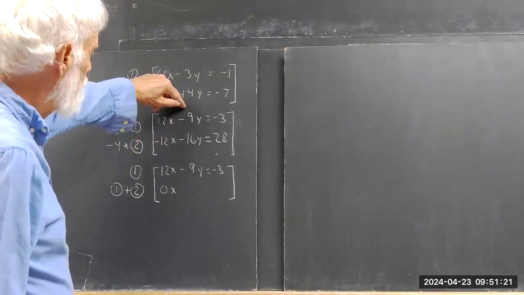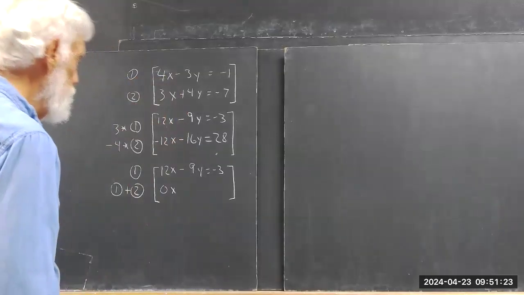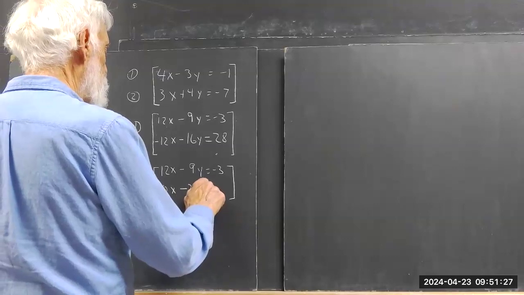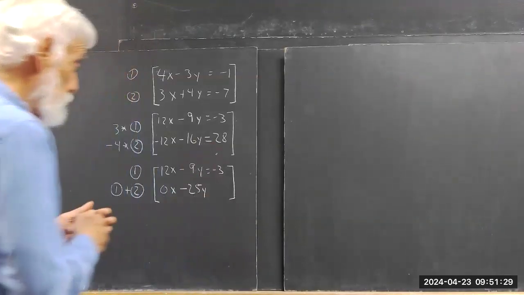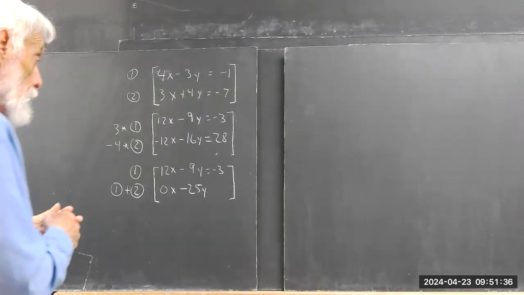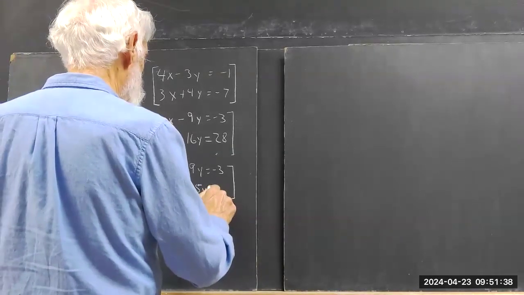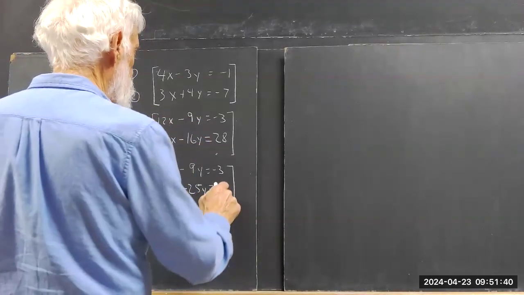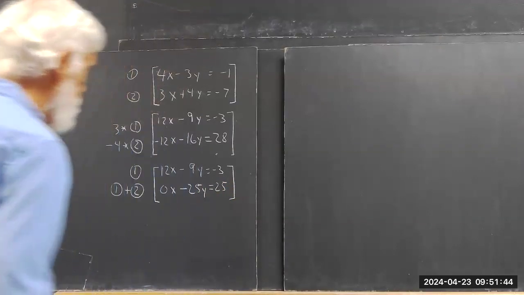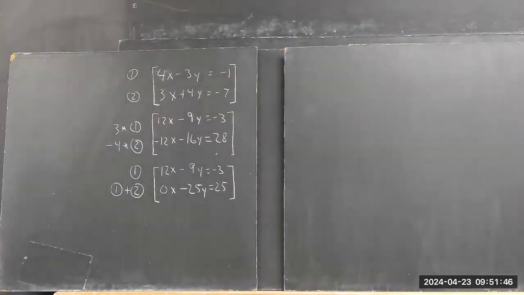And I'm going to have -9y and -16y. That's going to add up to -25y. People are adding their rows and multiplying correctly, so it's a good start. And then I'm going to have -3 and 28, which is 25.